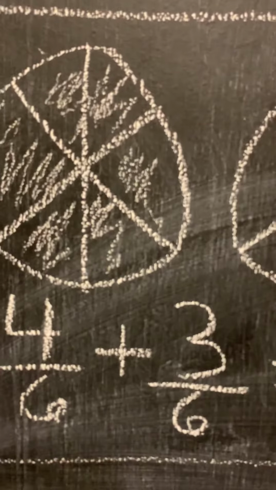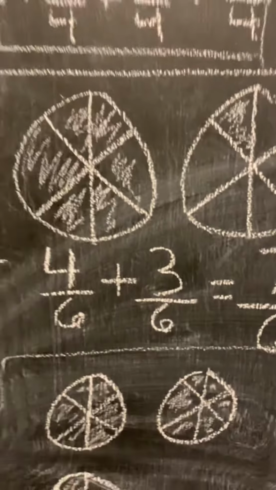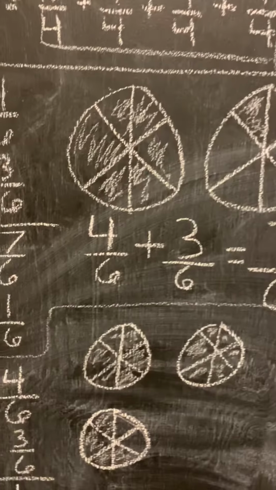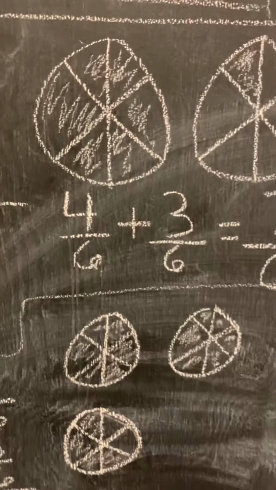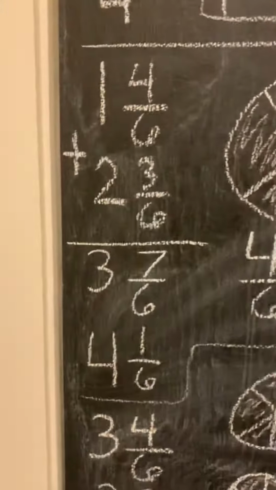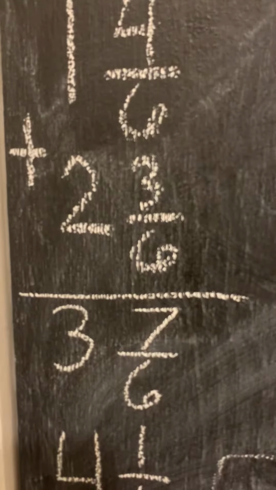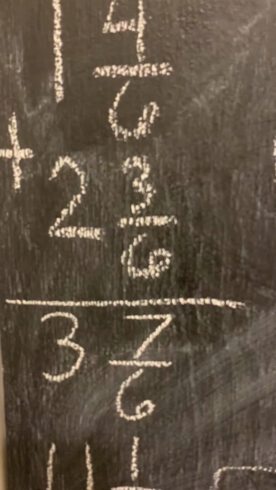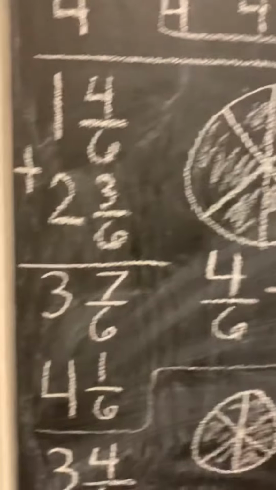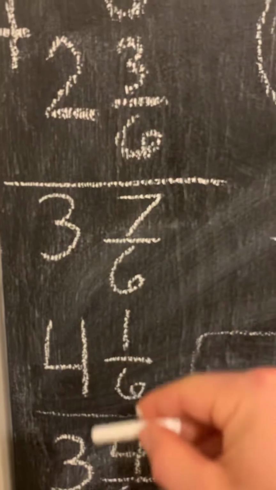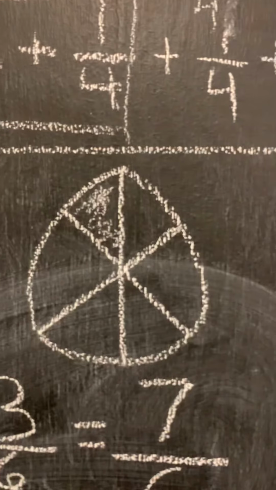We colored in 3 more parts. So essentially what they're trying to show you is, oh, you just filled up another whole. You just filled up another whole number. So when we were over here looking at 3 and 7/6, we have 6/6 right here. We just filled up a whole other pie. So now we're going to end up with 4/6. We still have a little bit more fraction left over.